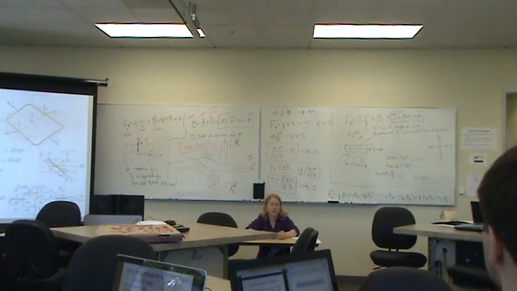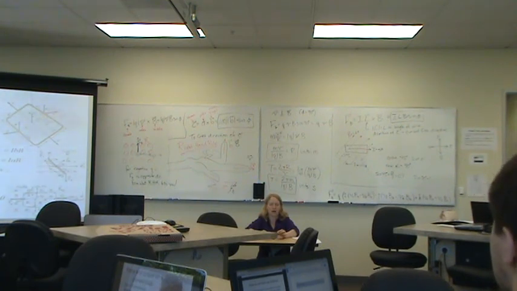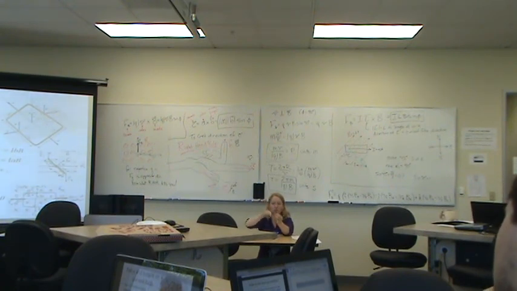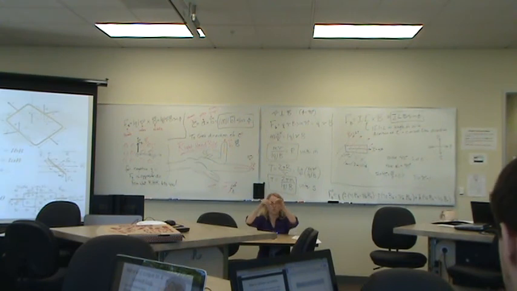Yeah, AC is an option, and there's another option we'll talk about called the commutator. That'll cause the current to switch direction every 180 degrees. If the forces on the bottom are pointing up because the current is going this way, that's going to cause the loop to rotate.